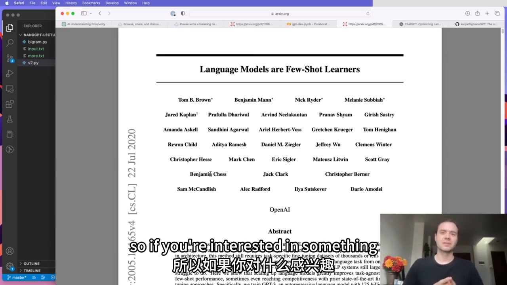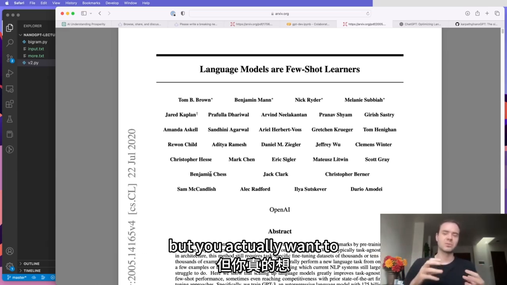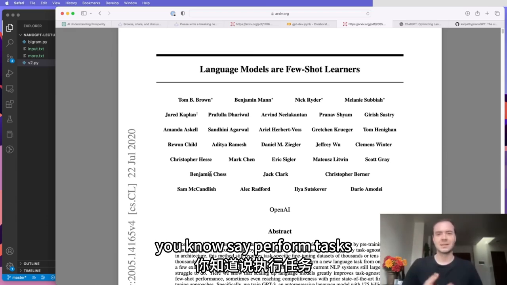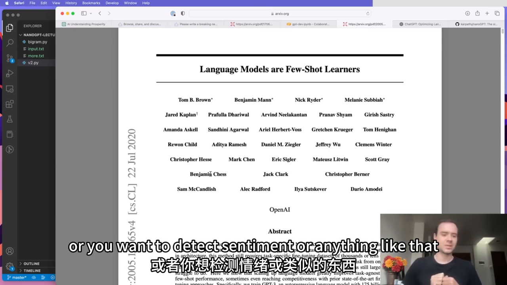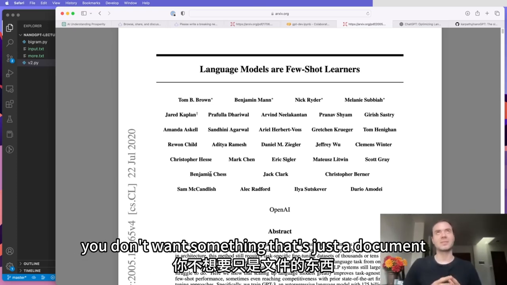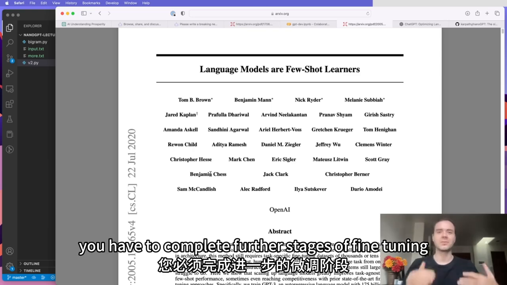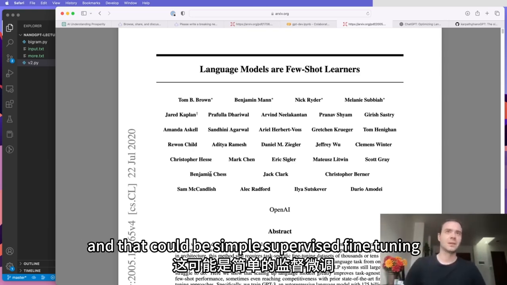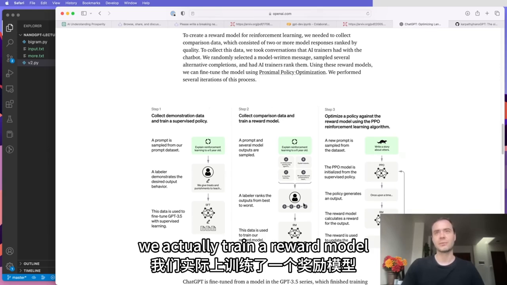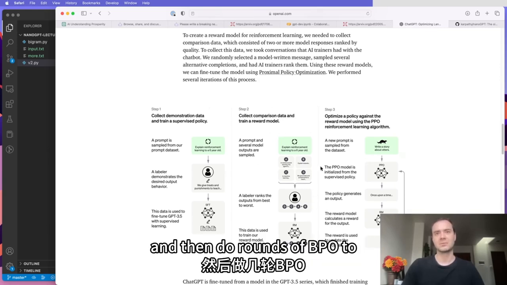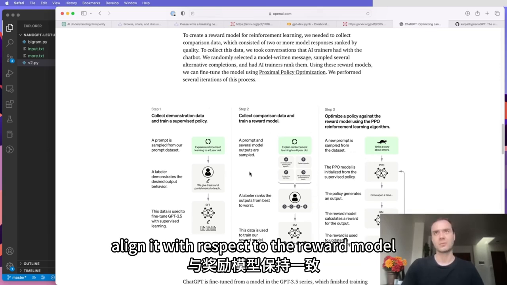If you're interested in something that's not just language modeling, but you actually want to perform tasks, or you want them to be aligned in a specific way, or you want to detect sentiment or anything like that, basically anytime you don't want something that's just a document completer, you have to complete further stages of fine-tuning, which we did not cover. That could be simple supervised fine-tuning, or it can be something more fancy like we see in ChatGPT, where you train a reward model and then do rounds of PPO to align it with respect to the reward model.